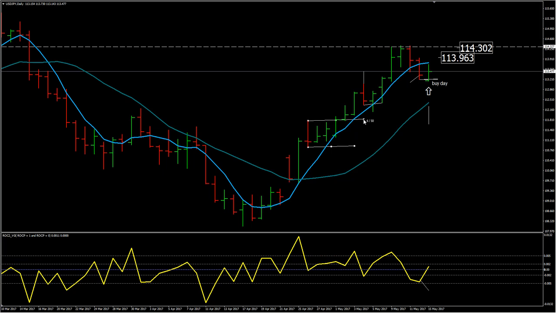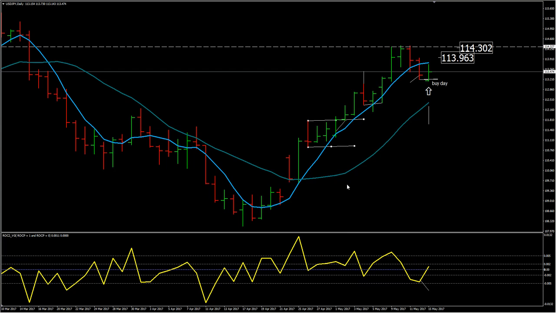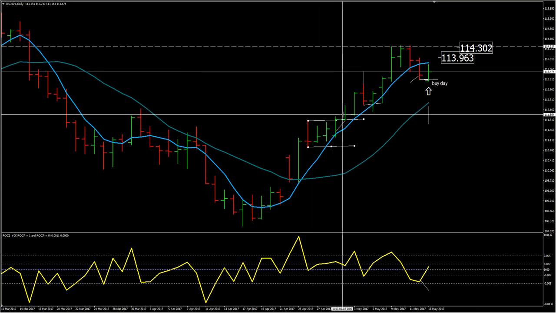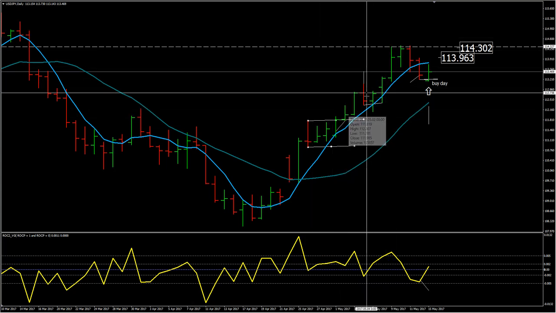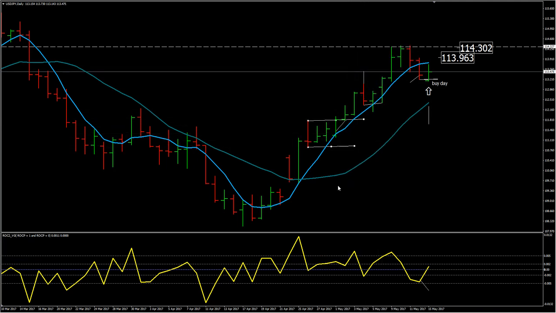Even watch the trend. Watch this. This is a buying opportunity. You hold for a few days, 2 to 3 days. You buy here and you see this 113 pips on the table, right? If you wanted to hold for more, this was a nice 200 pips upward movement.